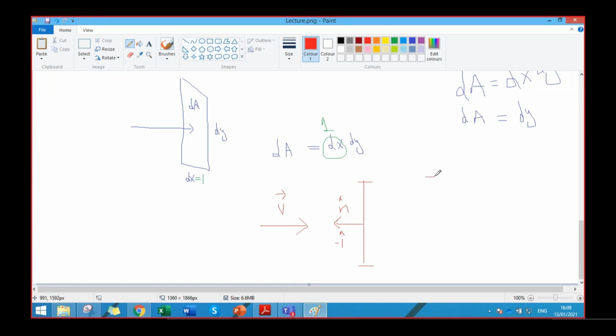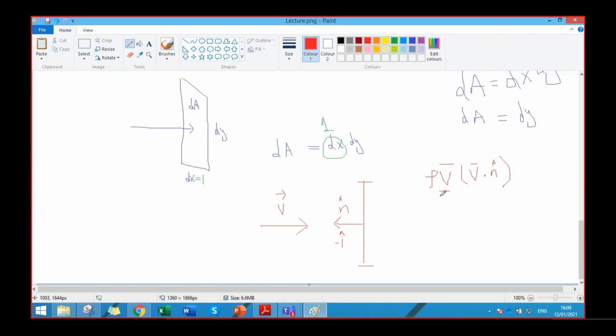So we have rho v, which is replacement of v, into v dot n, right? So this v is in the I direction.